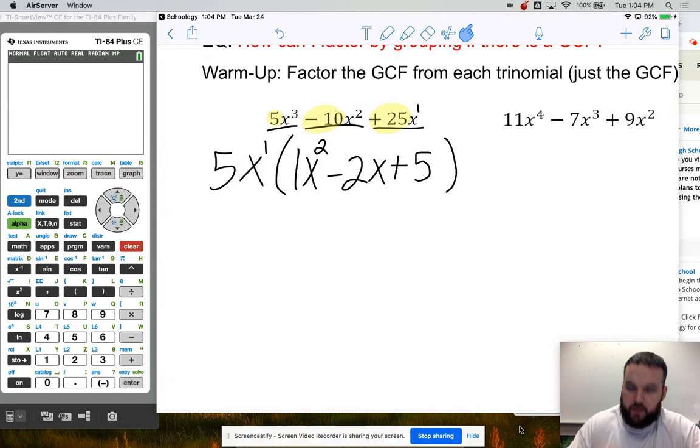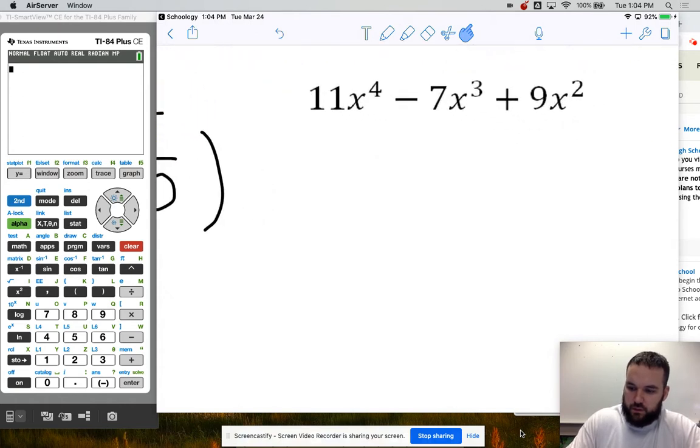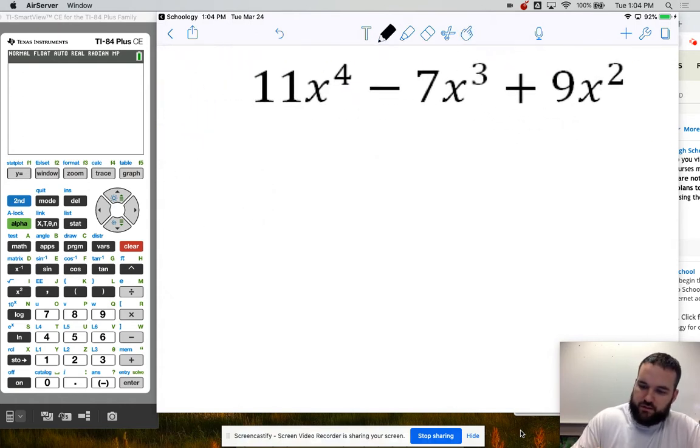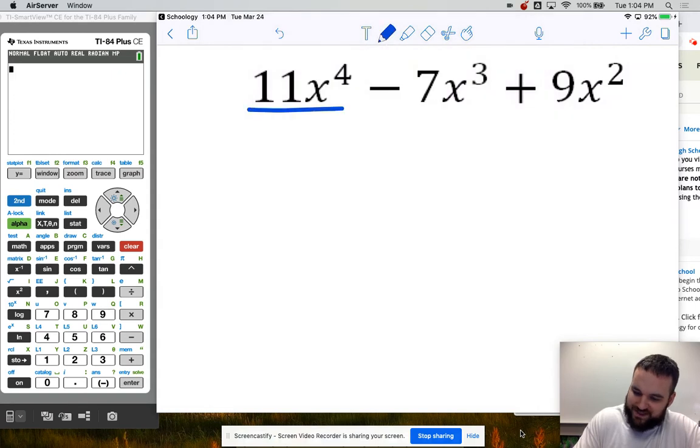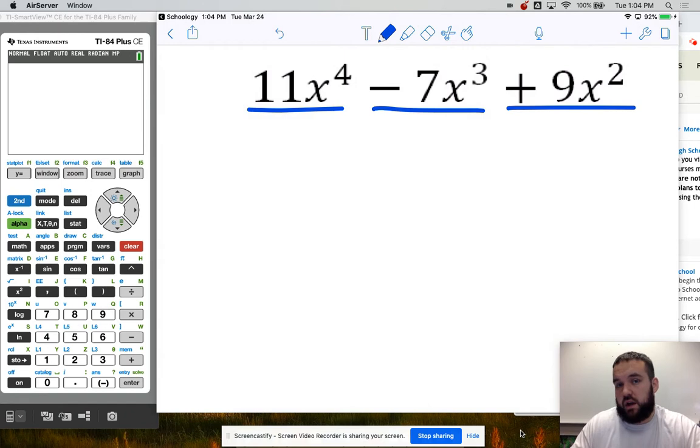Then we could keep factoring, but all I want to review is finding the GCF. So with these 3 terms, 11, negative 7, and 9, numerically have nothing in common. There's no common factor for those besides 1.